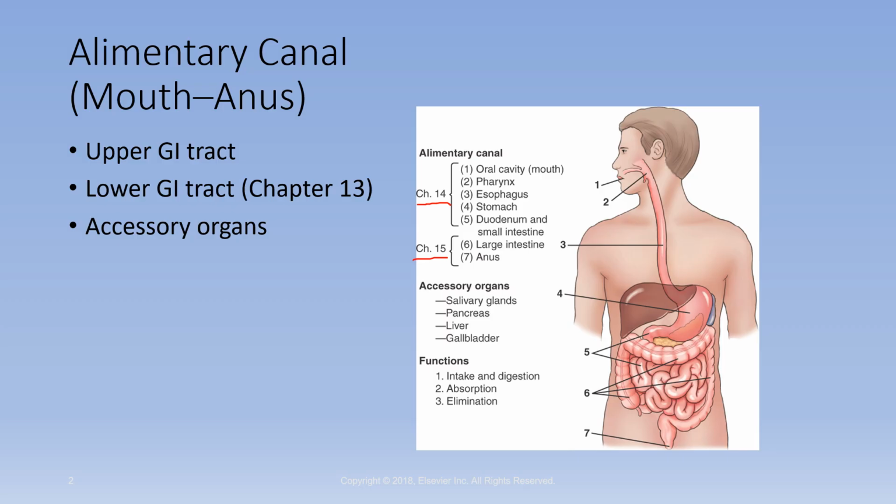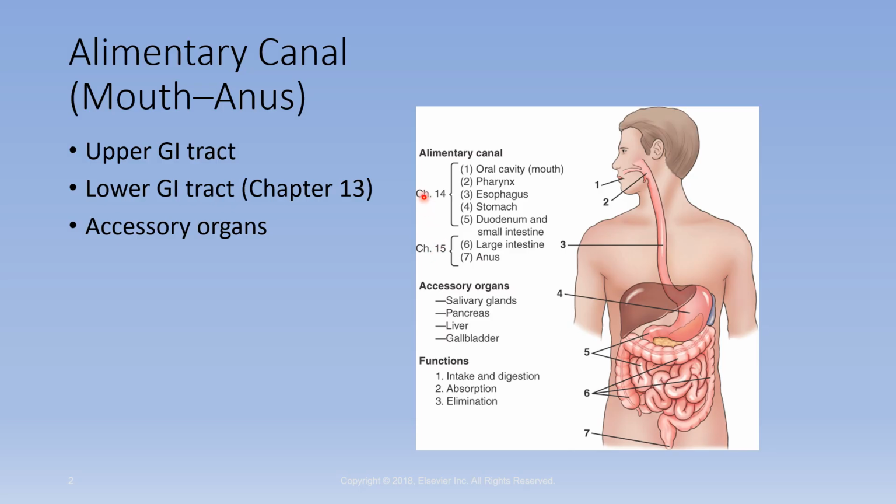This portion would be chapter 12, and this is chapter 13, which is just the large intestine. I'll go ahead and erase all that, but I just wanted you to know that on this PowerPoint it is incorrect, but in the book it is correct. Sometimes when they change the slides for the new edition, they don't always pay attention to detail, so that is the only part that's wrong.